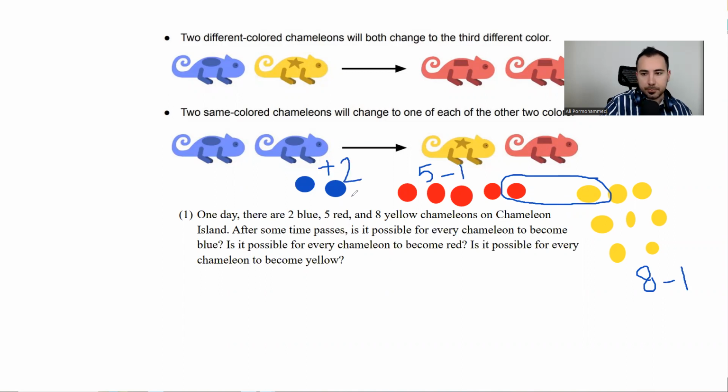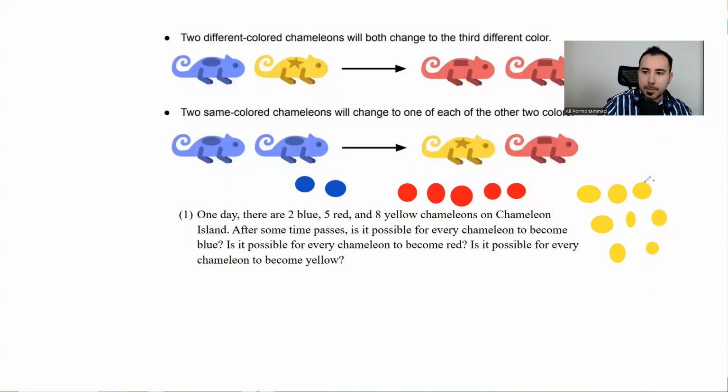So if we do it like this, we have 5 reds and we have 8 yellows. If they are the same numbers, like red and yellow are the same, then yes, all of them can be blue. But we could see right now that yellows are more.